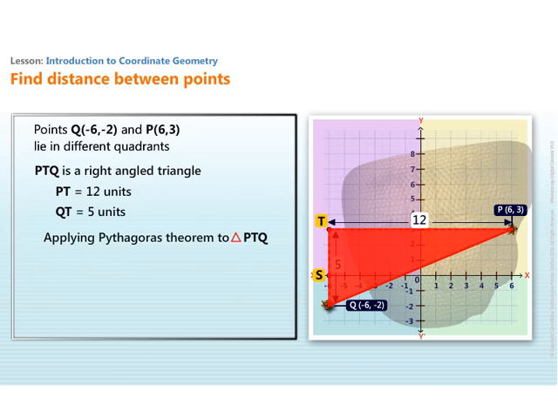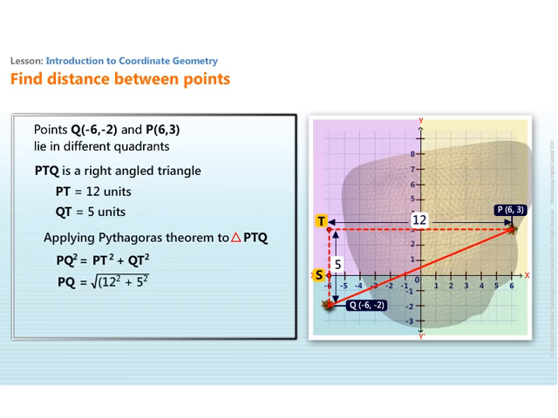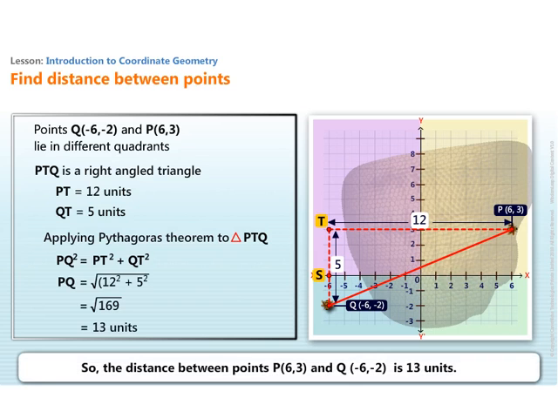Now, applying Pythagoras' theorem to triangle PTQ, substituting known values and simplifying, we get the length of PQ equal to 13 units. So, the distance between points P (6, 3) and Q (-6, -2) is 13 units.